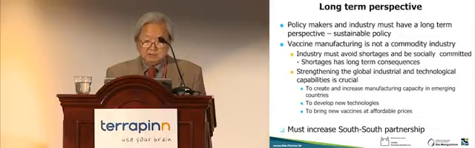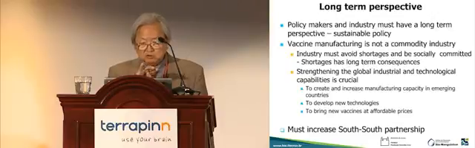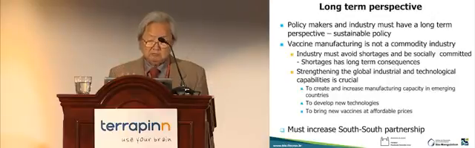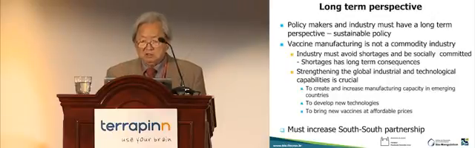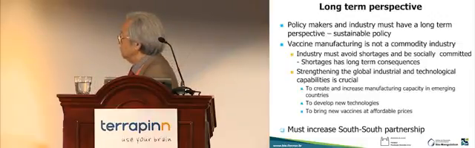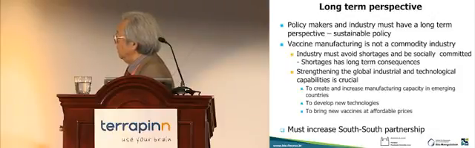Long-term perspective: I already said several times here that the policymaker and the industry must have a long-term perspective with a sustainable policy, and that vaccine manufacturing is not a commodity industry. The vaccine industry must avoid shortages and be socially committed.